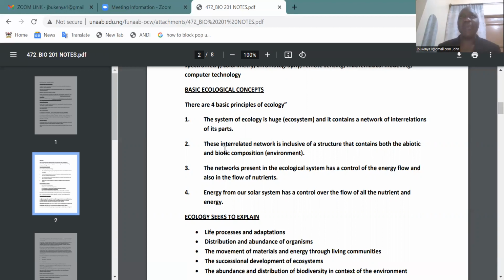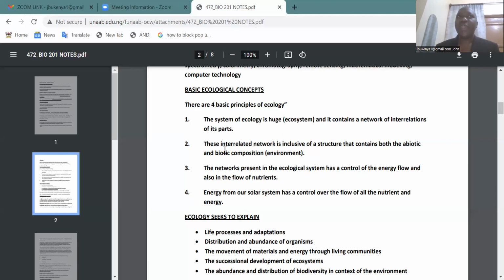It is a sum of very many related parts or units that work together to contribute to the structure and functioning of the ecosystem. So in this case, this principle, where an ecosystem is like any other system, bases on the systems theory to explain the structure of an ecosystem and the functioning of an ecosystem.